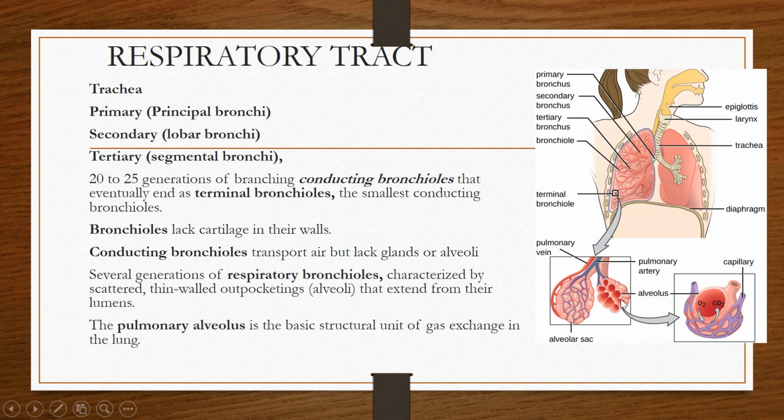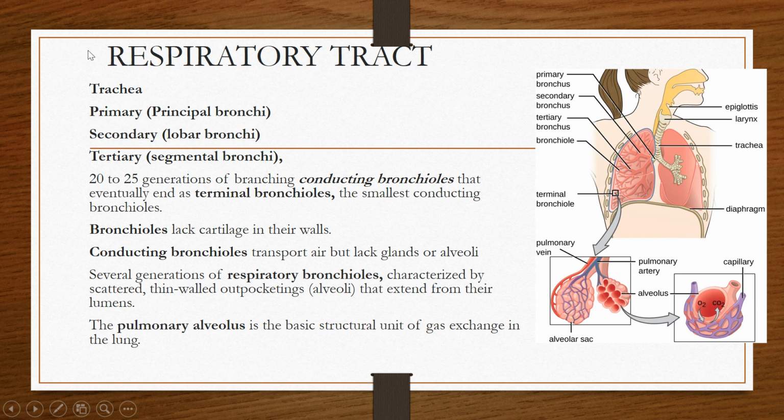The pulmonary alveolus is the basic structural unit of gas exchange in the lung. See here, they have shown one alveolus here. It is for the gas exchange in the lung.